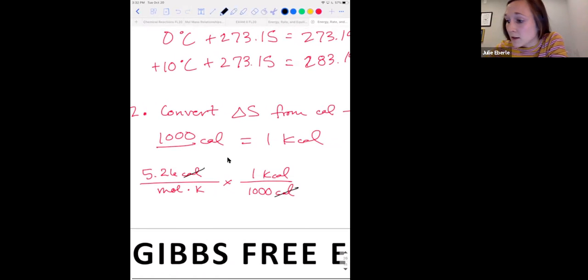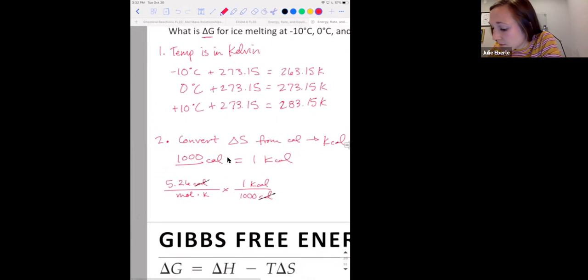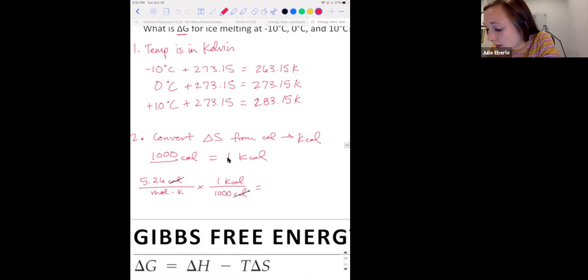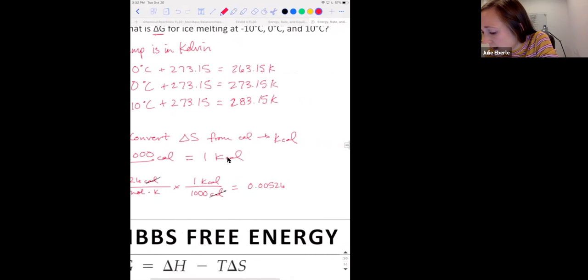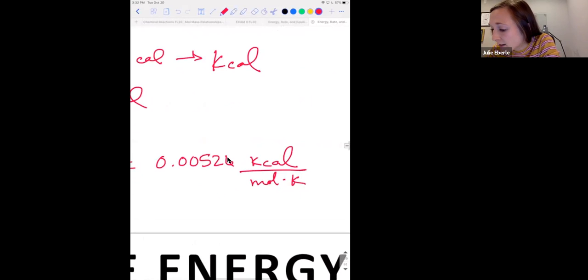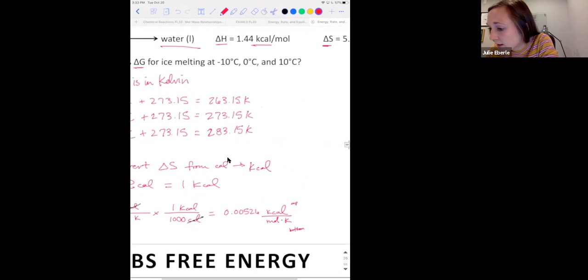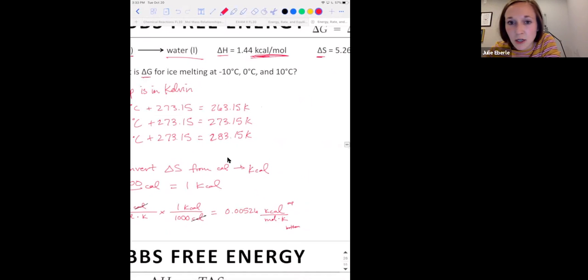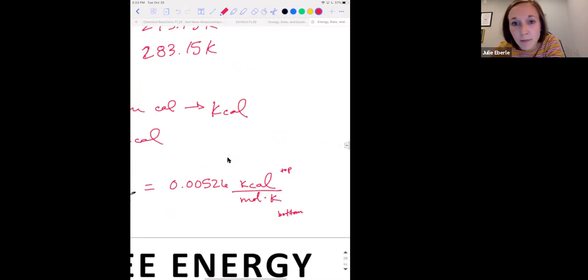That part stays with me. So you'll do 5.26 divided by 1,000. You'll just move the decimal 3 places to the left. Now my units are kcal per mole Kelvin. And I prefer that you write it this way with one number on top and the others on bottom, instead of writing them with the slash all on the same line. It will help you mathematically, I promise, if you separate top and bottom just like a fraction.